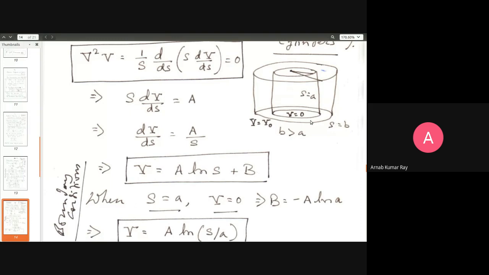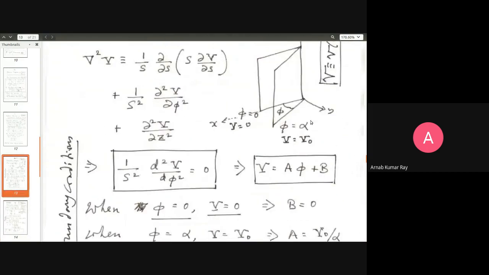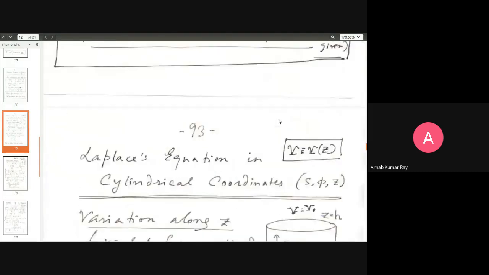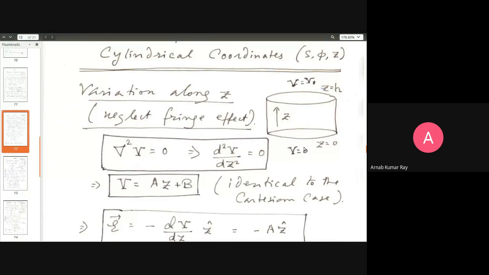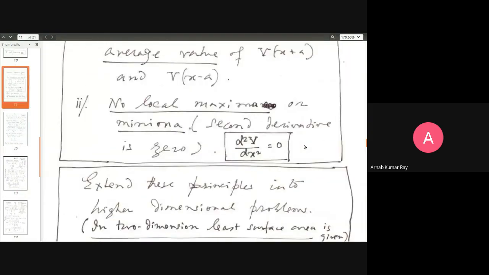Incidentally, one thing I would like to stress, let me get back to a few points. You would have noticed that always I'm writing V is equal to 0 at one boundary. V is equal to 0 here. Then again, I have written V is equal to 0 here in the cylindrical Z variation and the phi variation problems.